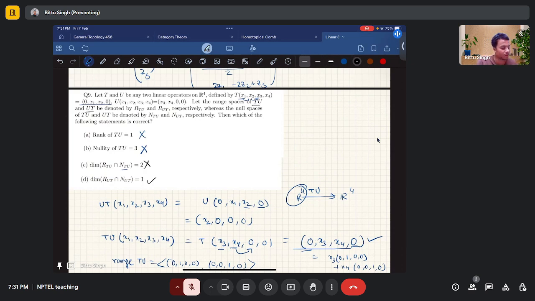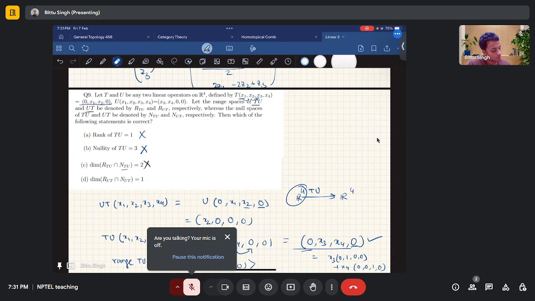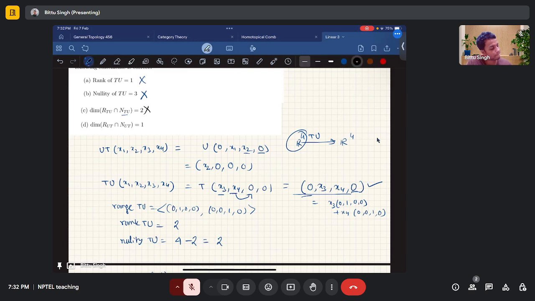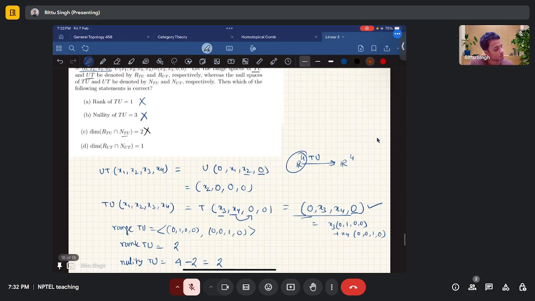So let us verify if this is correct or wrong. Before claiming, R(U_T) takes this form, but what is N(U_T)?